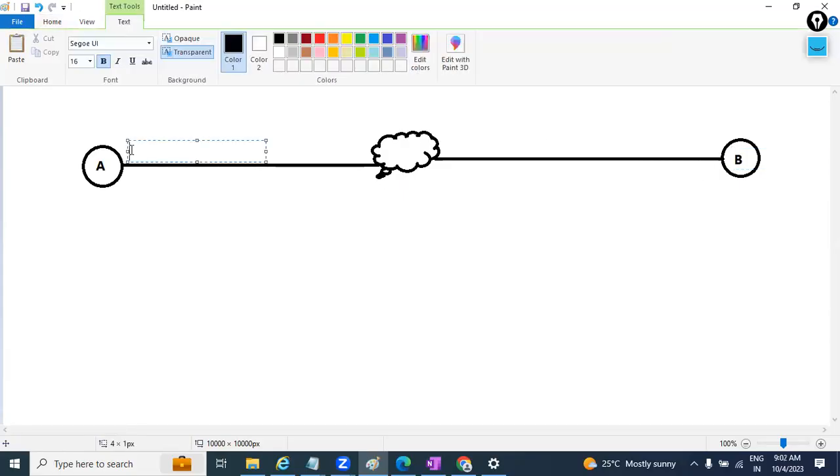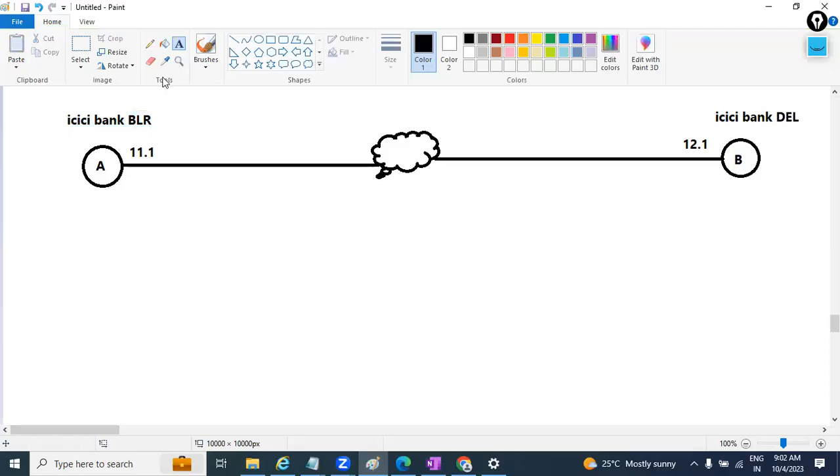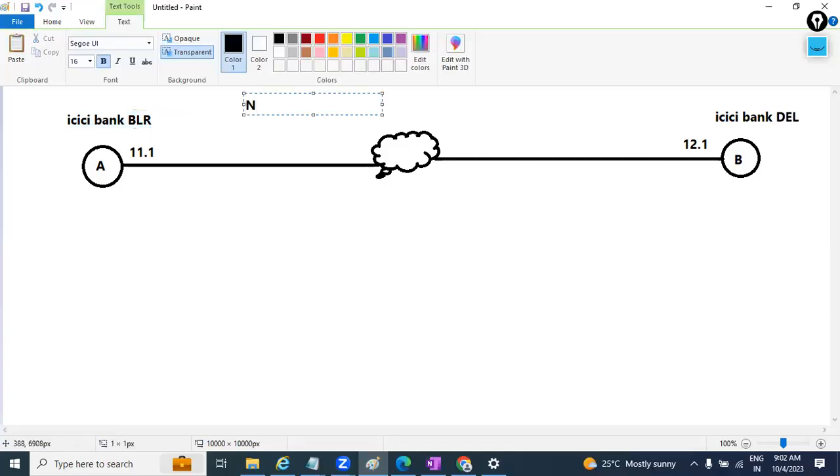Its public IP is 11.1 and this one is 12.1. Let's consider this is ICICI Bank, the Bangalore branch, and this is ICICI Bank again, the Delhi branch. Right now, no VPN.